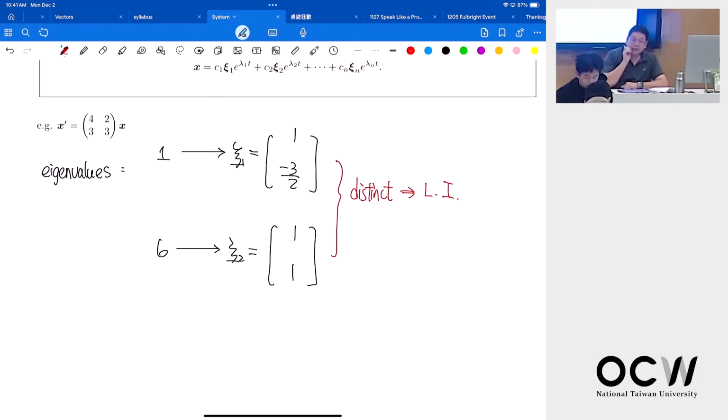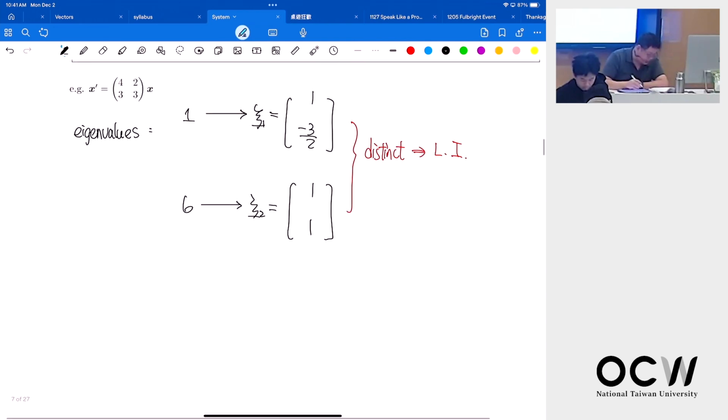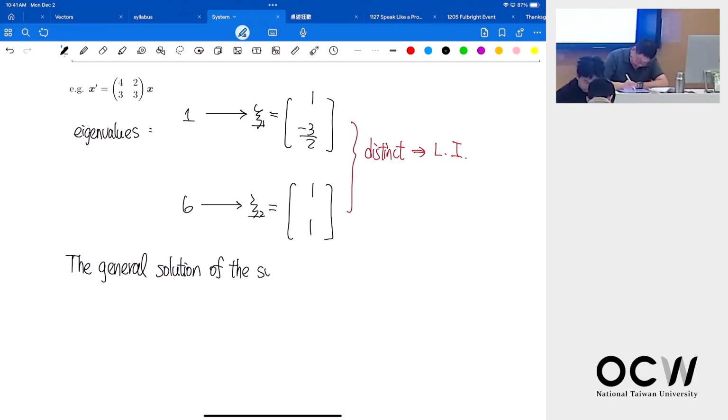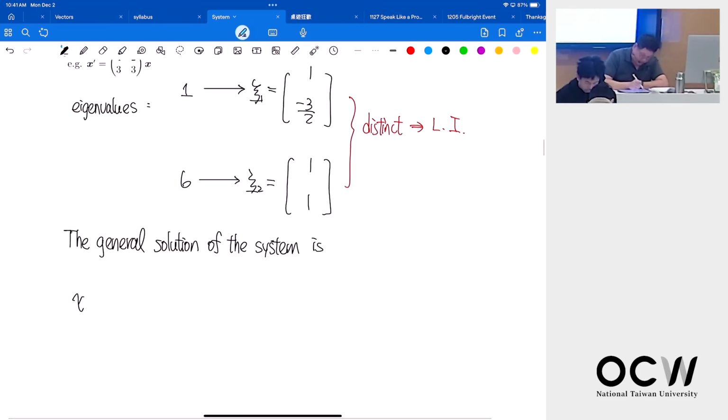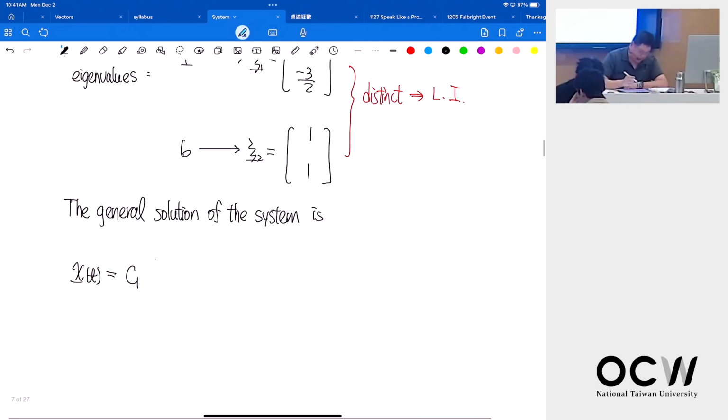Since they are linearly independent, I can write the general solution of this system. So the general solution of this system, x, is a constant and the eigenvector 1, minus 3 over 2, times e to the lambda t.